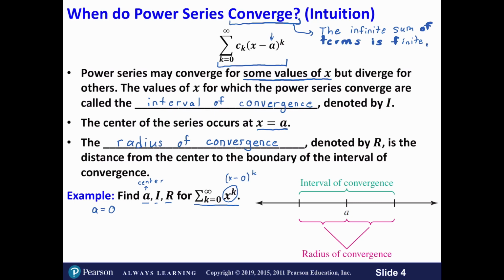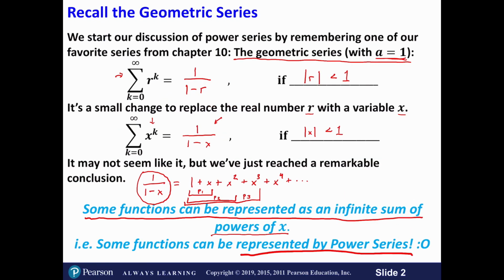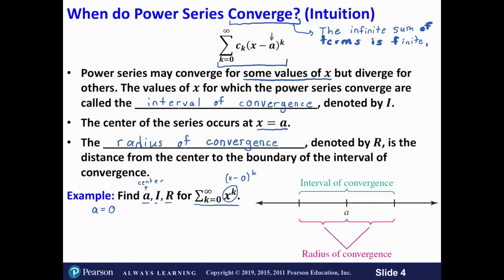Well, if we just look back at the first slide that we did, we decided that this series converges when the absolute value of x is less than 1. If it were greater than or equal to 1, then it would diverge. And so the interval of convergence, the values of x for which this series is finite, is -1 to +1 with parentheses on both sides.